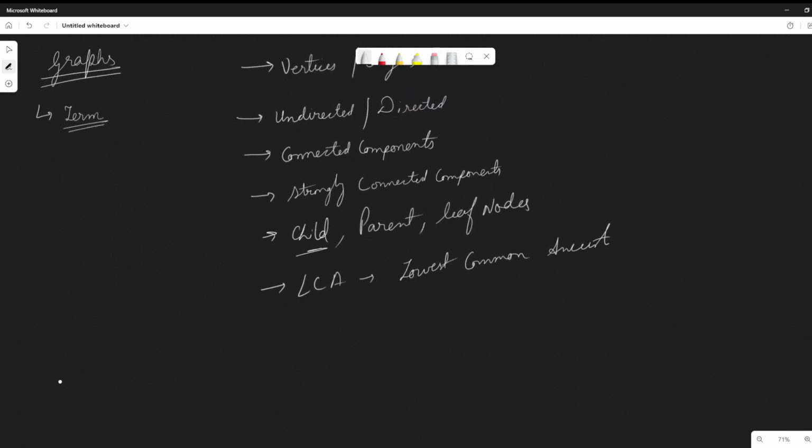What are vertices and edges? So if we say this is a graph, first of all, we should know the difference. What is the difference between graph and tree?